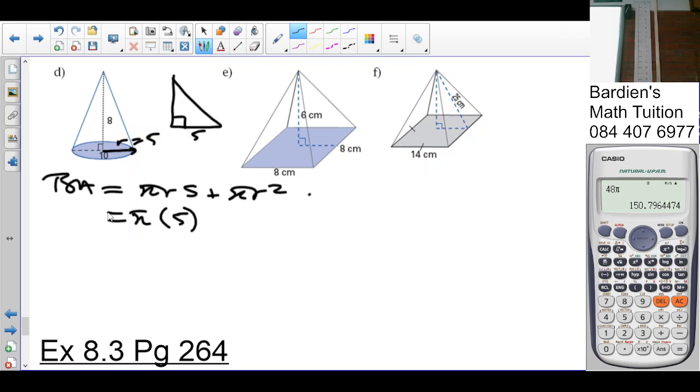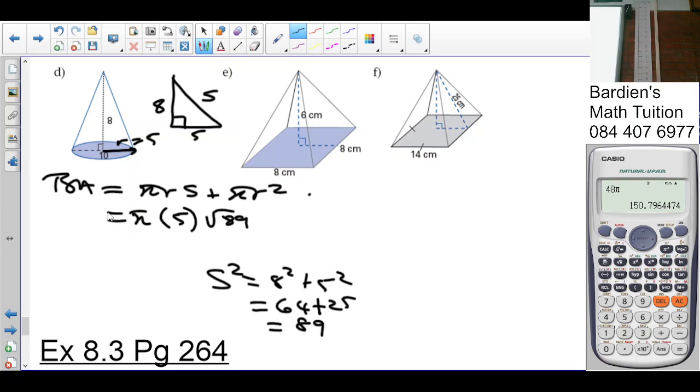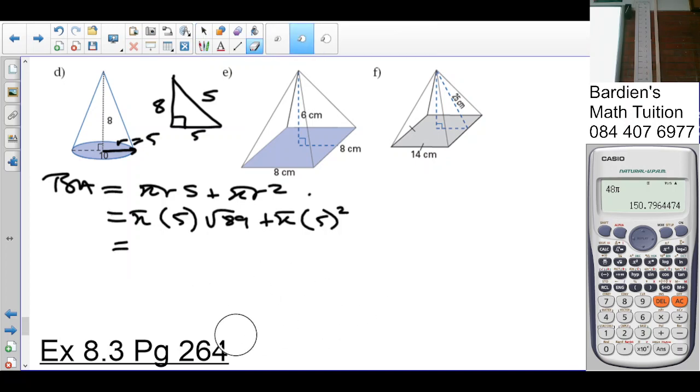So that is 5 and 8. How are you going to get the slanted height? We're going to use Pythagoras. So your slanted height squared is equal to 8 squared plus 5 squared. 8 squared is 64 plus 25, which is 89. So the slanted height is the square root of 89. Then pi times the radius 5, times root 89, plus pi times 5 squared. Okay?